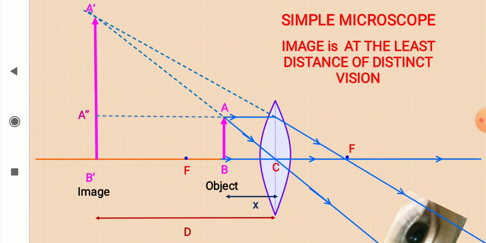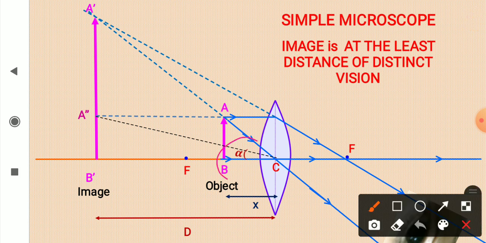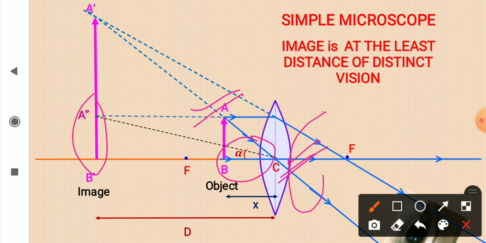And now find the angle, or mark the angle subtended by this height, which is equal to size of object, at the optic center C or at the lens. And your eye is placed very close to the lens, so this angle can be treated as the angle subtended at the eye.